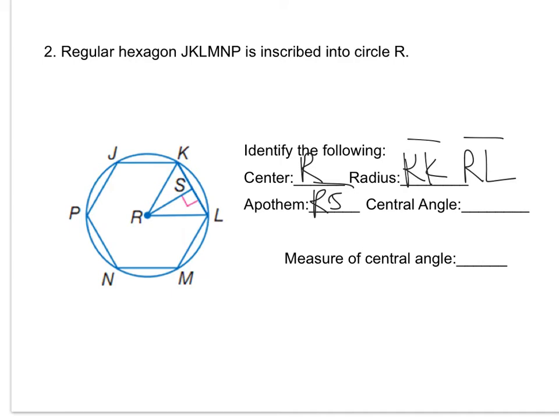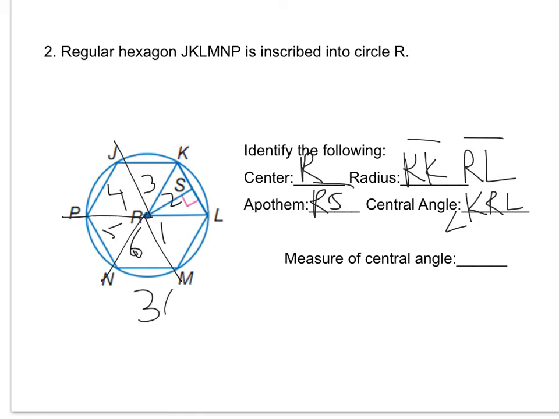My central angle is going to be angle KRL. So it's 1, 2, 3, 4, 5, 6, so I've got to take 360 divided by 6. That's going to be 60 degrees. 60 degrees is going to be handy because that's part of a special right triangle for us.